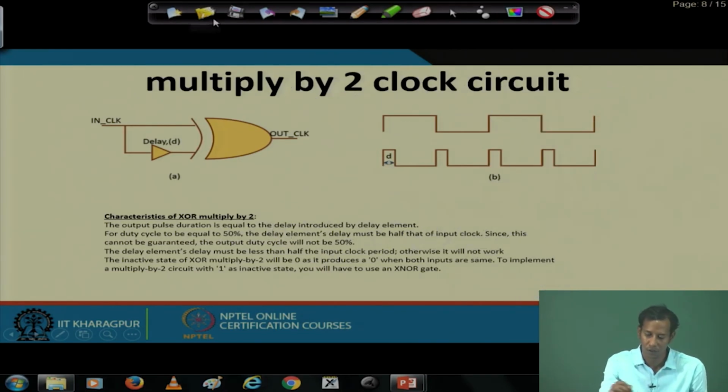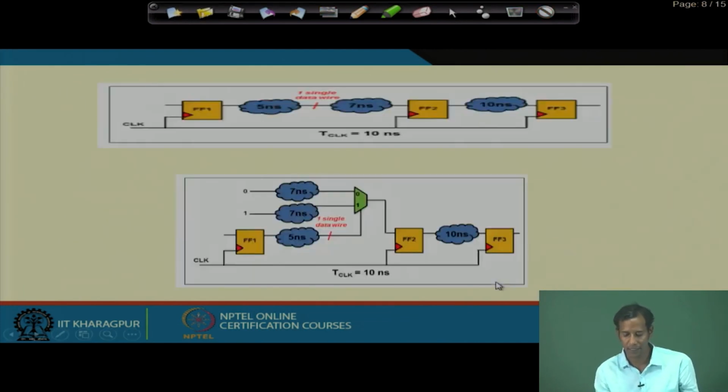Okay. So, now next, consider another example. Suppose we are having one particular circuit something like this. We are having flip flop 1, flip flop 2, flip flop 3, and here this is one combinational logic which produces only a single wire, which is connected to another combinational logic which consumes 7 nanoseconds of time, and in between flip flop 2 and flip flop 3, it is having 10 nanoseconds of time.